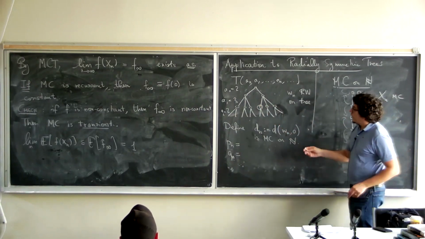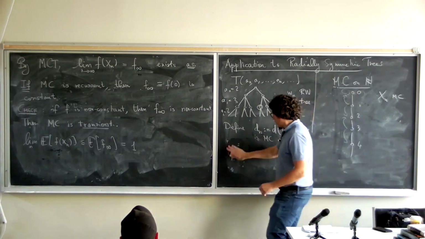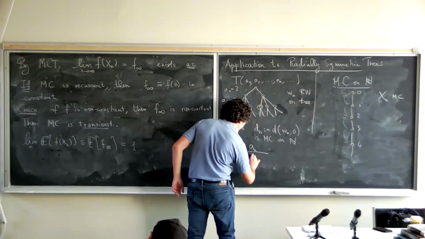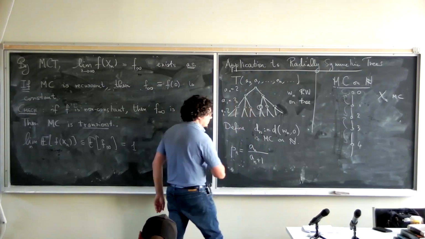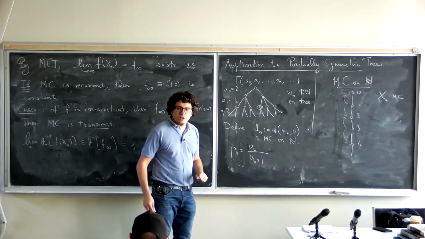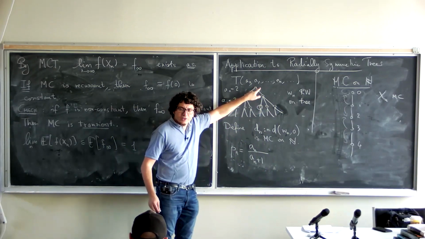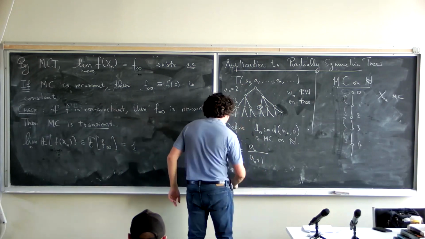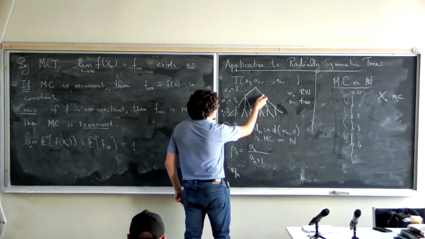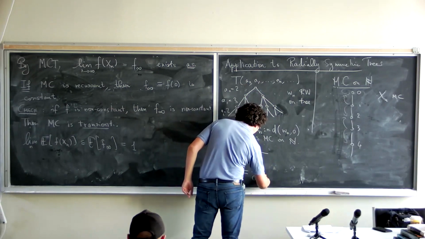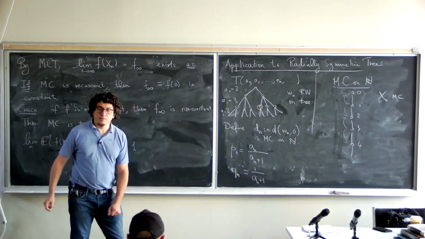So Pn is, I think, An over An plus 1, because in total there are An plus 1 possible positions: the children and the parent. And then Qn is the remaining one where you're going backwards. So it's 1 over An plus 1. Right?